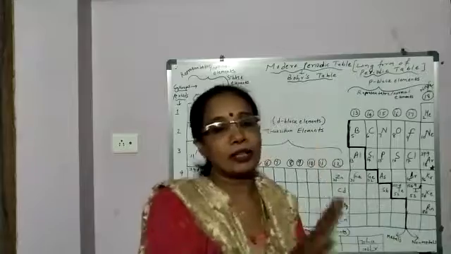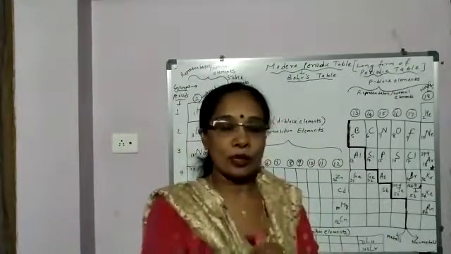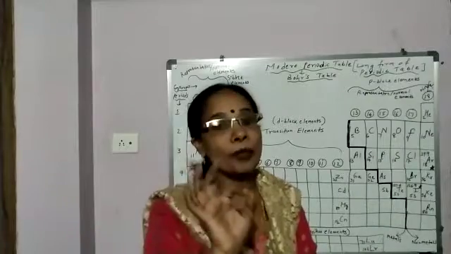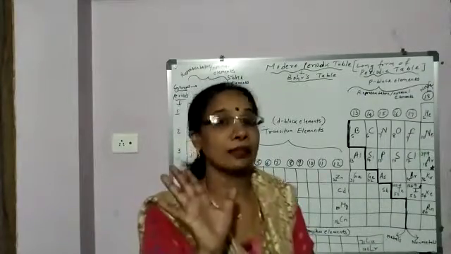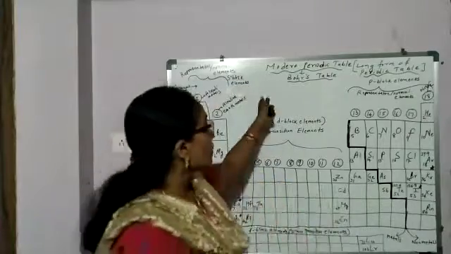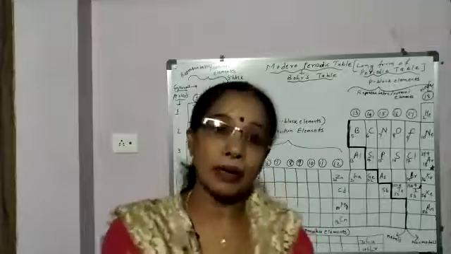And in the modern periodic table also, how many horizontal rows are there? 7. So, in the modern periodic table also, how many periods are there? 7. But the number of groups? 18. So, the modern periodic table is also called the long form of the periodic table.